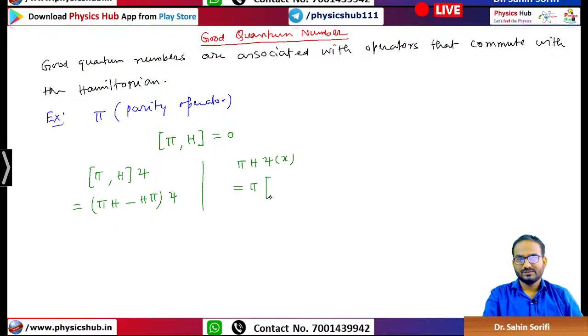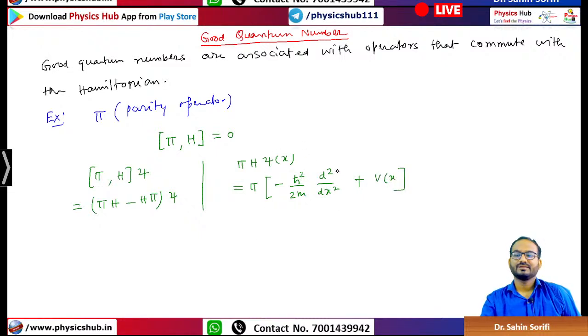So what is the Hamiltonian? The Hamiltonian is the sum of kinetic energy and potential energy. Kinetic energy is minus ħ² by 2m d²/dx², plus V(x), acting on ψ(x).